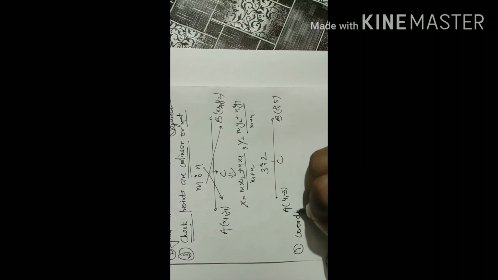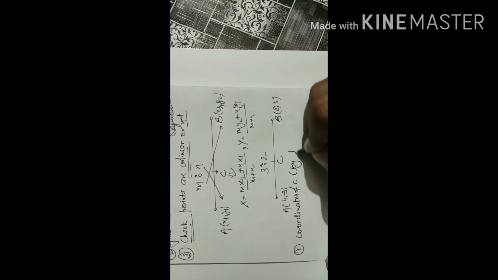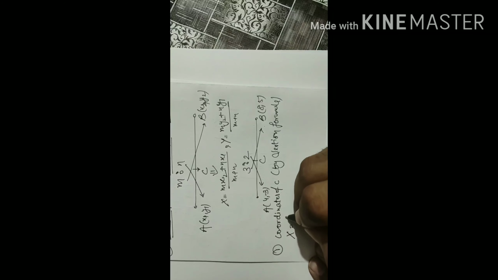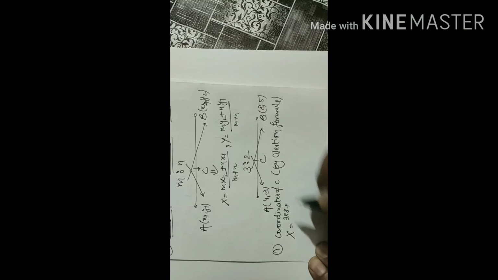Coordinates of C by section formula. As we have discussed, we just cross multiply. Firstly for the x coordinate, 3 multiplied by 8 plus 2 multiplied by 4, divided by the sum of the ratio.